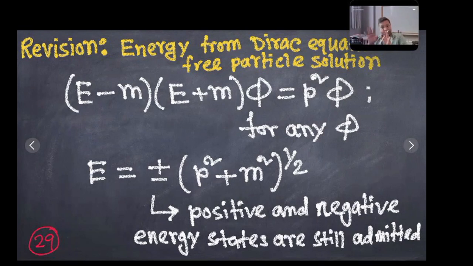It was still there because it came by definition from the Klein-Gordon equation. So both positive and negative energy remain when we solve the Dirac equation for a free particle. When I mention a free particle, I mean there is no additional potential that affects its motion.